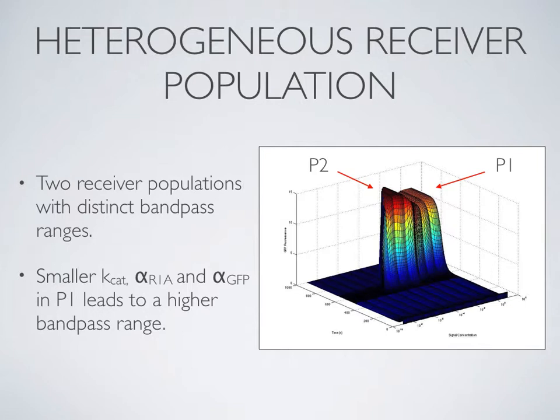And the main differences between them are Kcat, which is the rate of MR dimerization, the alpha R1a, which is R1a protein synthesis, and alpha GFP, which is GFP protein synthesis. And when those are all smaller, you get a higher bandpass range, which is characteristic of P1.